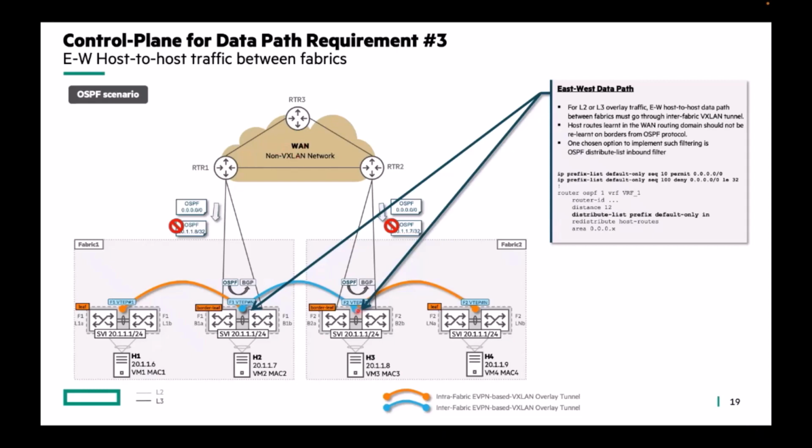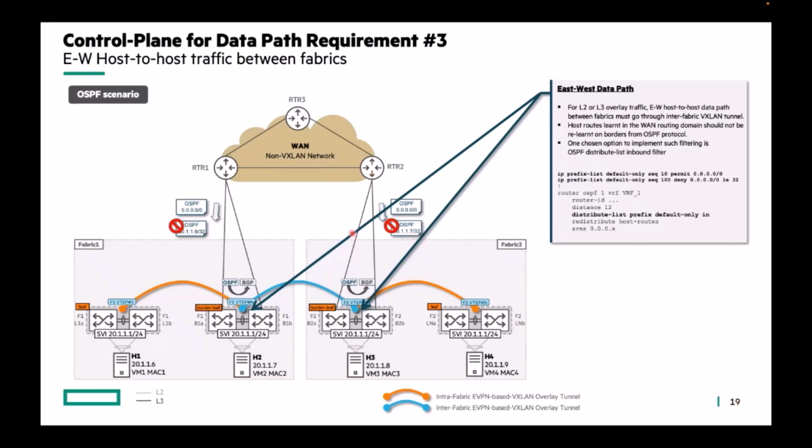So basically, when we are redistributing OSPF into BGP here, which is what we did for the default route in the previous slide, we also have host routes learned in the WAN routing domain, because each router will also know about its own hosts.